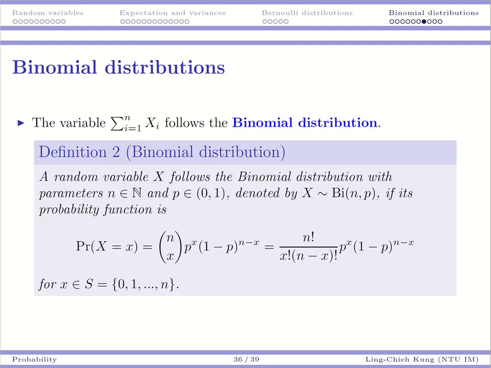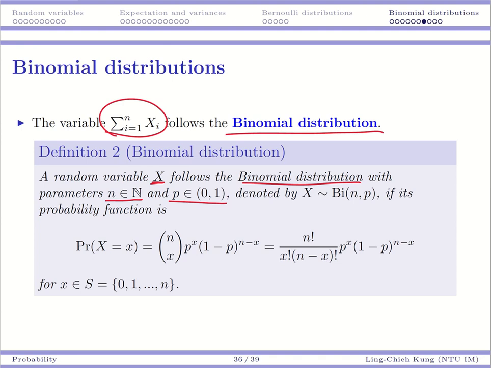Okay, so now we are ready to formally introduce the binomial distribution. The variable, the sum of independent Bernoulli trials, follows the binomial distribution. So a random variable x follows the binomial distribution with parameters n and p. N is the number of trials. P is the probability for each trial to be a success.